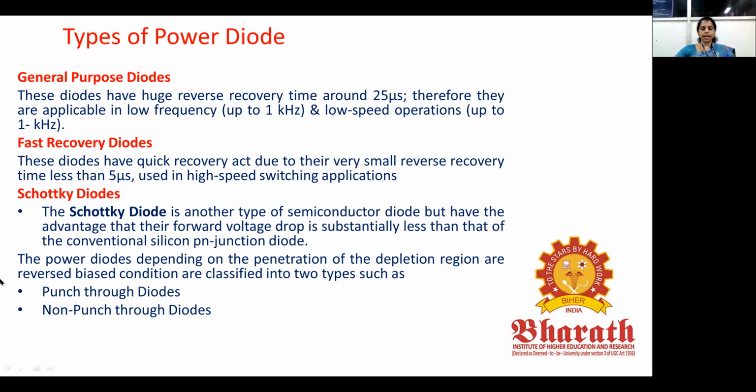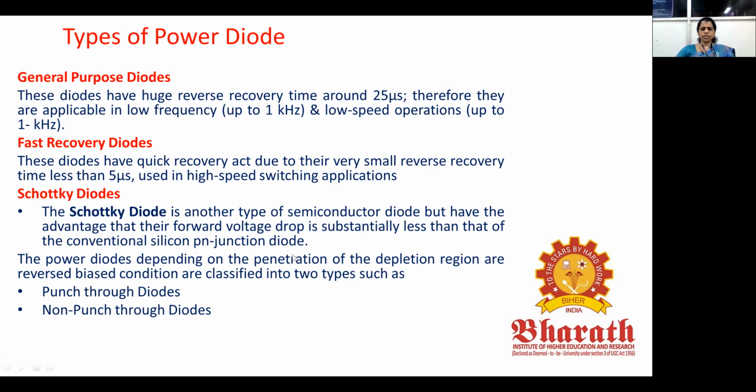It has the advantage that its forward voltage drop is very much less than that of conventional general purpose diodes. So you can turn on the diode with a very small voltage itself. That is the advantage of this Schottky diode.